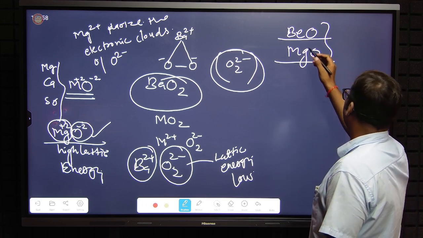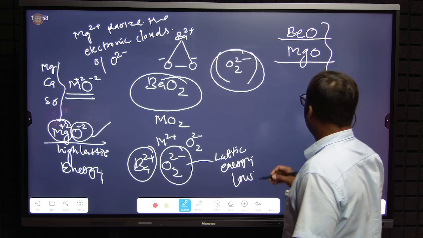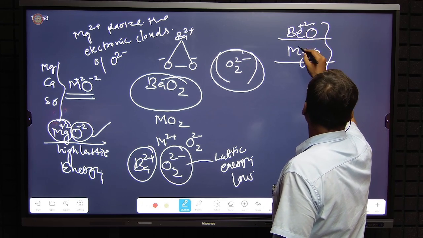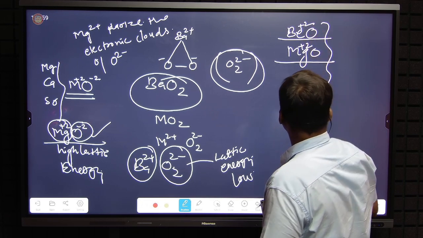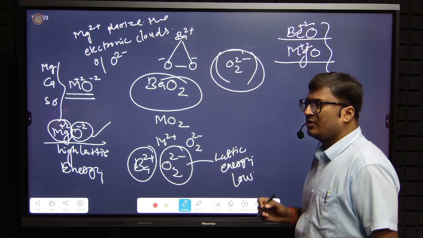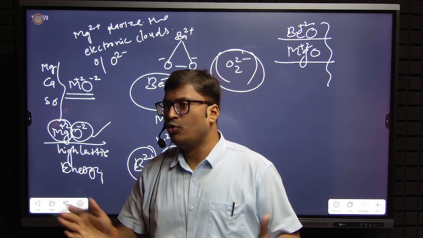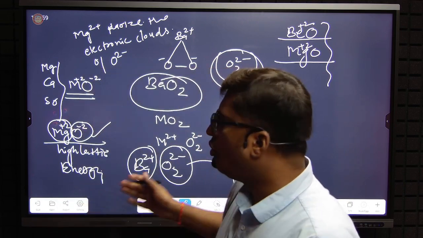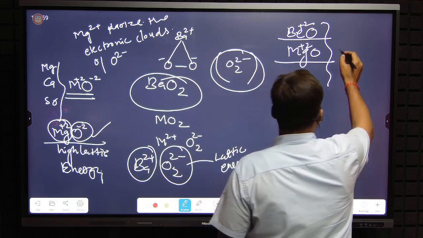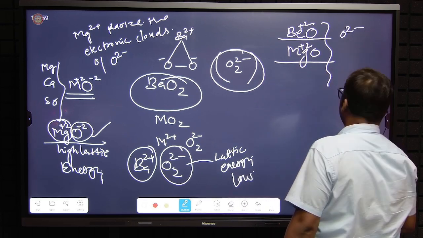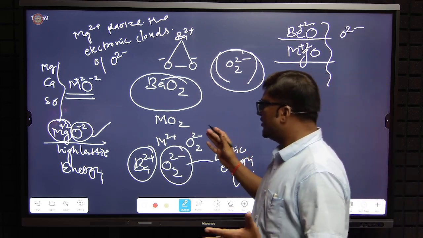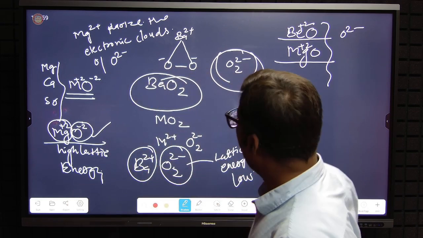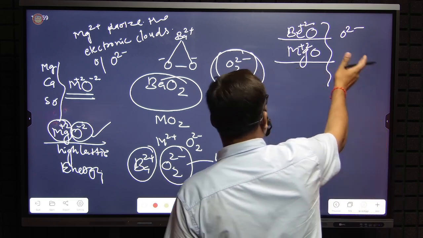The covalency is due to the polarization effect of the small and highly charged beryllium 2 plus and magnesium 2 plus, which are more susceptible to polarizing the electronic cloud of oxide anions, right? So this is the chemistry behind alkaline earth metals.